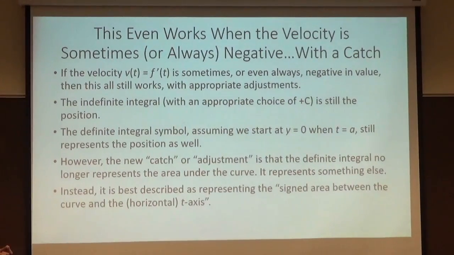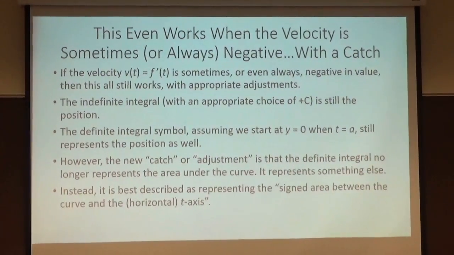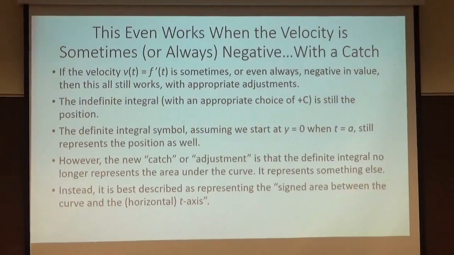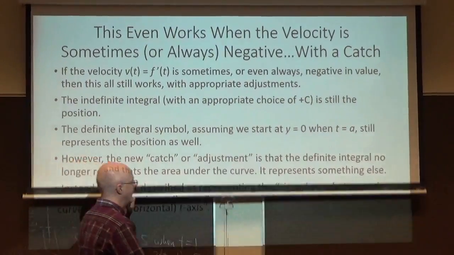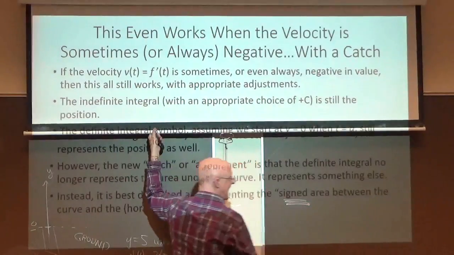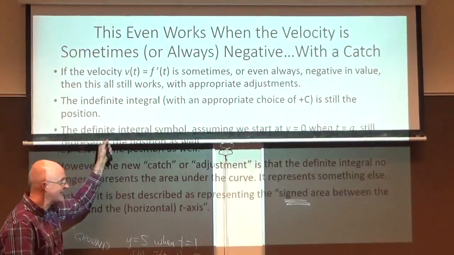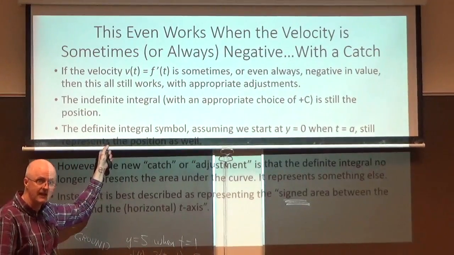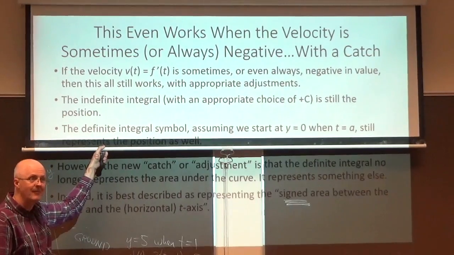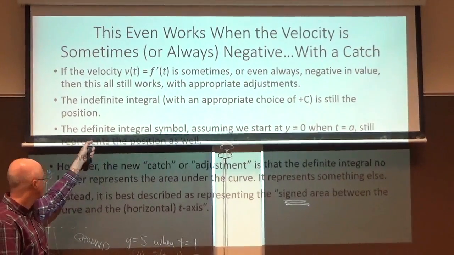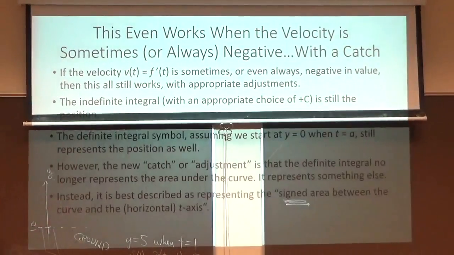Instead, it is best described as representing what's called the signed area between the curve and the horizontal axis, which in this case is a t-axis. Emphasis on the word signed. And that's signed as in positive or negative, right? Not the sign function. Signed area between the curve and the t-axis.